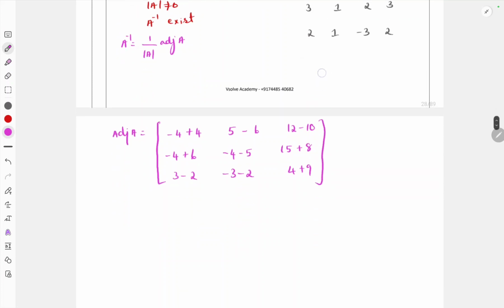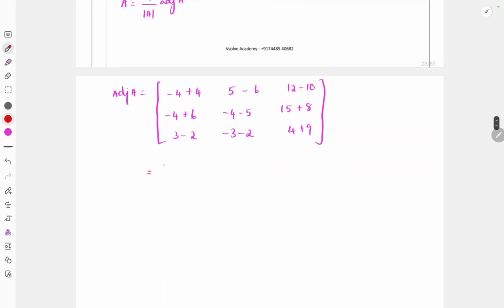So this we have to add now. So minus 4 plus 4 is 0, 5 minus 6 is minus 1, 12 minus 10 is 2, so 6 minus 4 is 2, minus 4 minus 5 we have to add and we have to write the minus sign. So minus 9, so 15 plus 8 it will be 23, 3 minus 2 it will be 1, minus 3 minus 2 is minus 5, and 4 plus 9 will be 13.